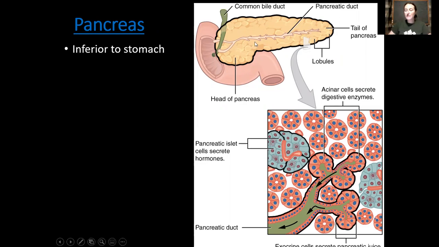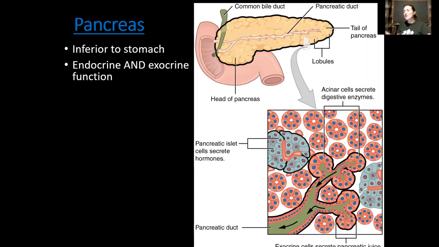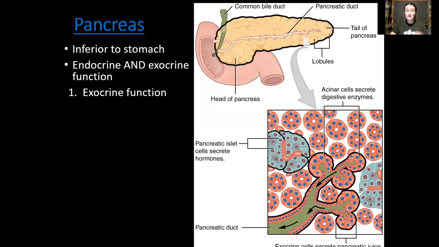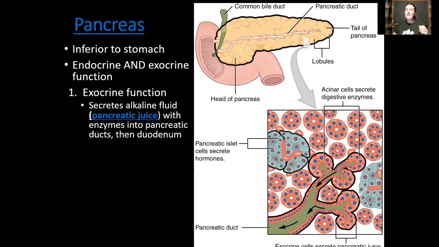The pancreas is inferior to the stomach. It has both endocrine and exocrine function. So it's both producing hormones to be dumped into the blood, and it's producing digestive enzymes and buffers to go into the duodenum. Let's talk a little bit about the exocrine function first.